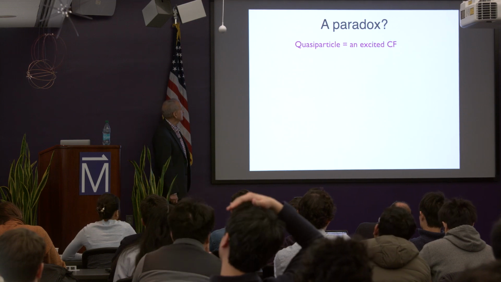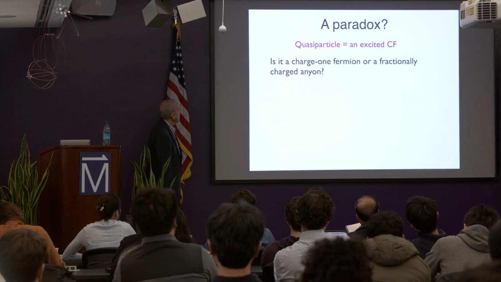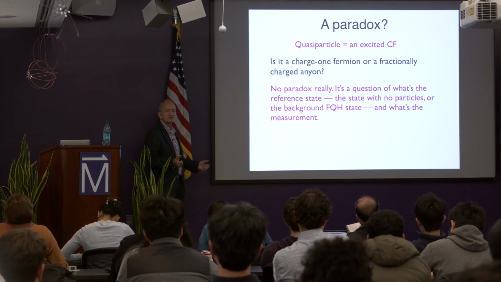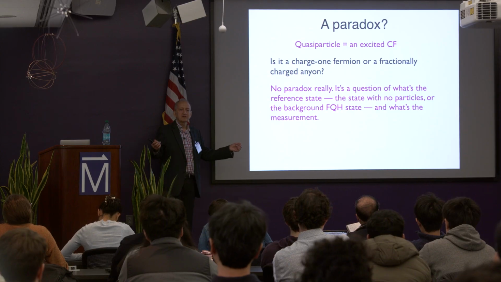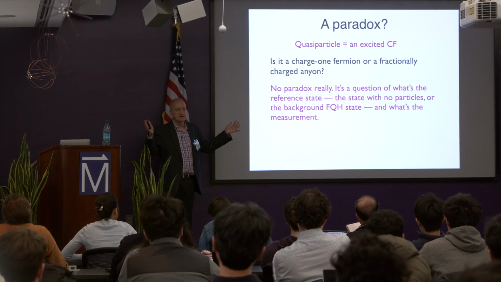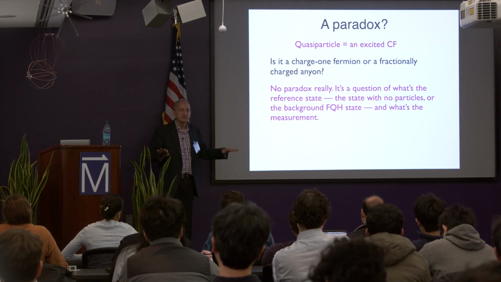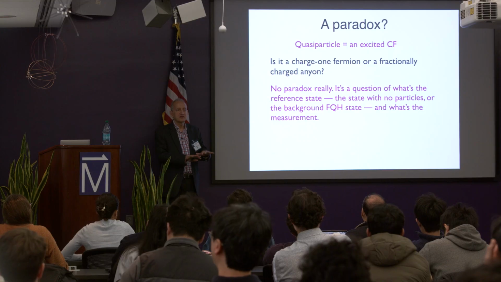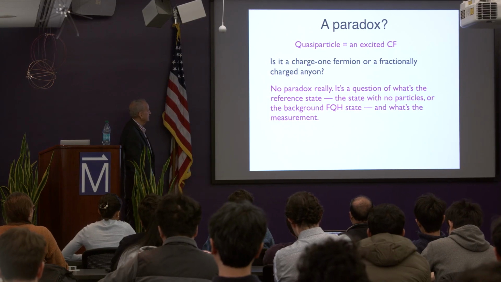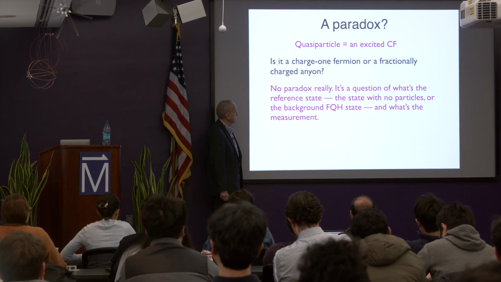So in fact, there is no paradox. It's a question of what the reference state is. If you take the reference state as the state which has no particles at all, then these are charge 1 fermions. But if you take as the reference state the background fractional Hall state and you measure things relative to that, they would be fractionally charged anyons. And so it's a question of what measurement is being done.